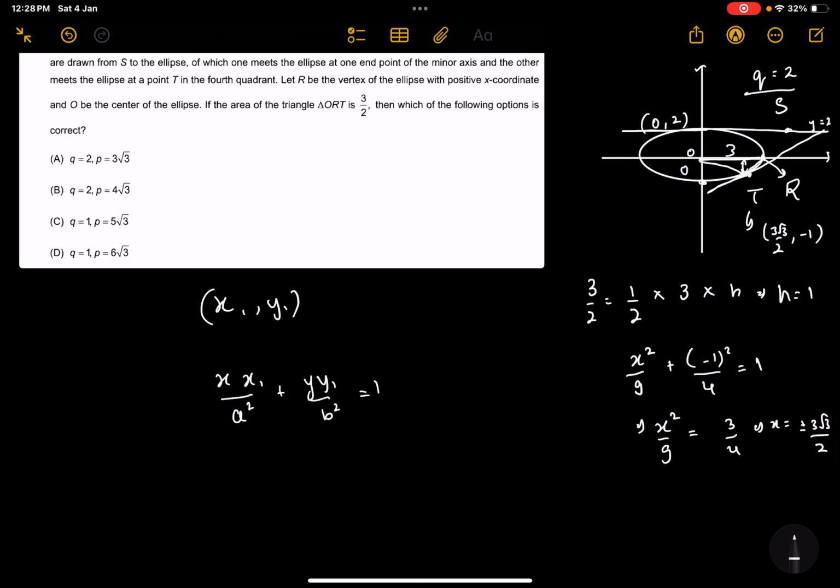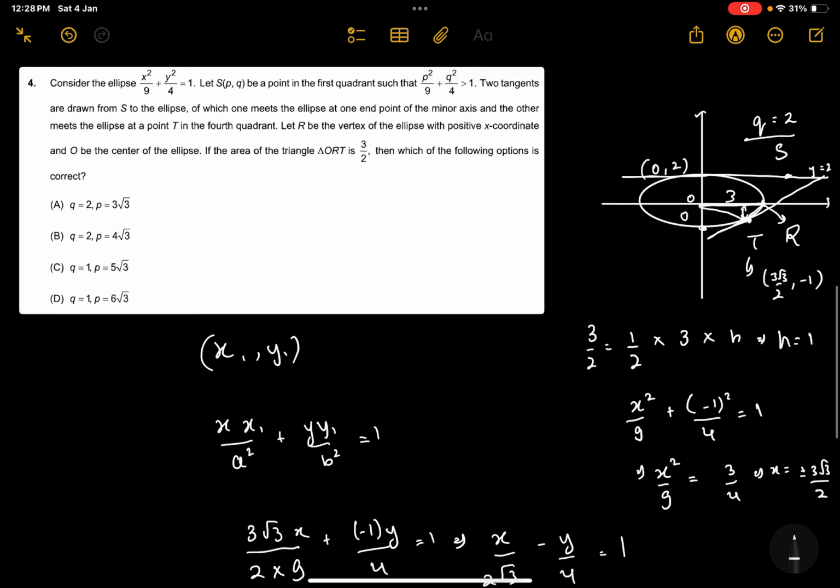So this gives us the equation as (3√3/2)x/9 + (-1)y/4 = 1, which gives us x/(2√3) - y/4 = 1.